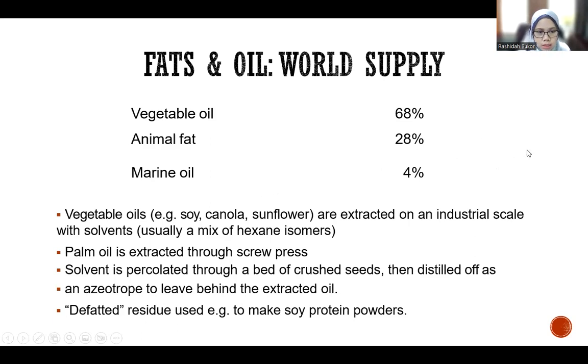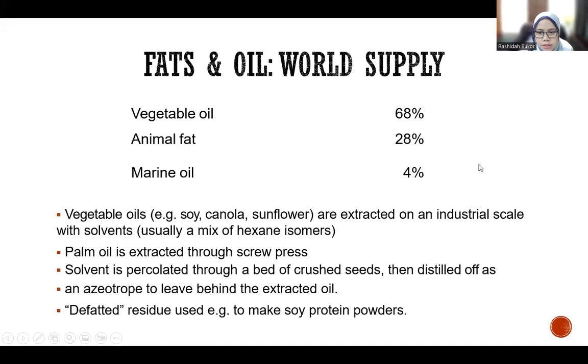Mostly they are not stable lah, but normally people use this for supplements. Supplement kan, if you see in the pharmacy they will have this marine oil as a supplement, macam minyak cod liver oil, banyaklah. They have a lot of this type of oil. So it's about 4% of the world supply.